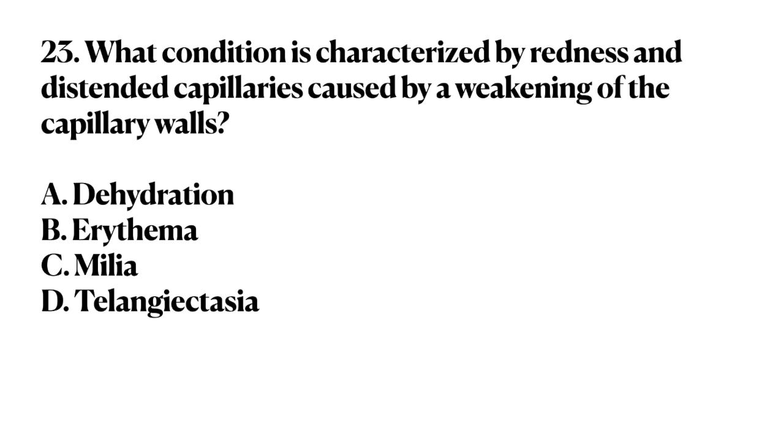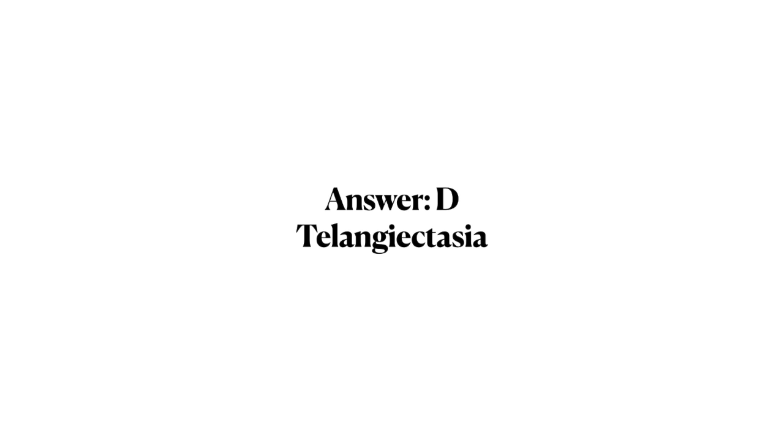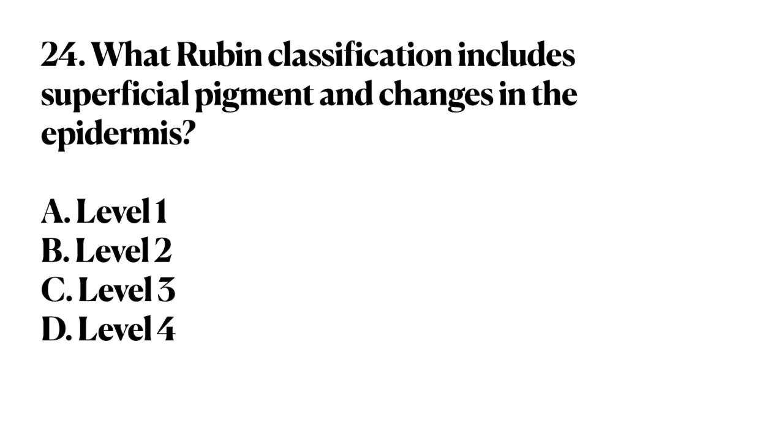What condition is characterized by redness and distended capillaries caused by a weakening of the capillary walls? A. Dehydration. B. Erythema. C. Milia. D. Telangiectasia. Answer D. Telangiectasia. What Rubin classification includes superficial pigment and changes in the epidermis? A. Level 1. B. Level 2. C. Level 3.